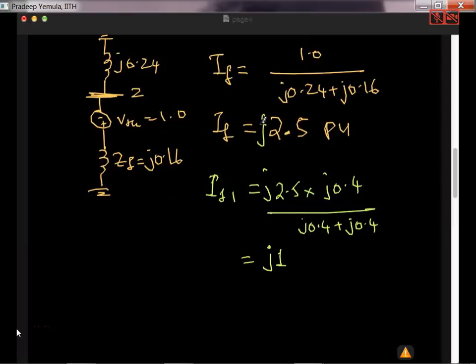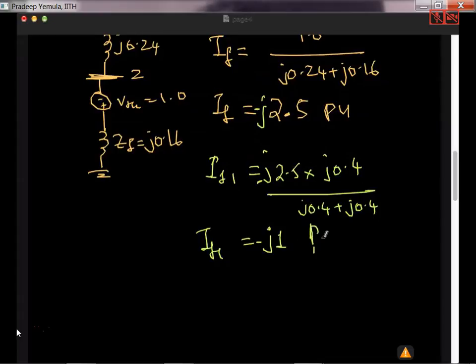Oh, by the way, sorry, this will be minus. So fault current from first generator is 1 per unit, and fault current from second generator will be minus 1.5 per unit. This I don't have to calculate because the total has to be minus 2.5.